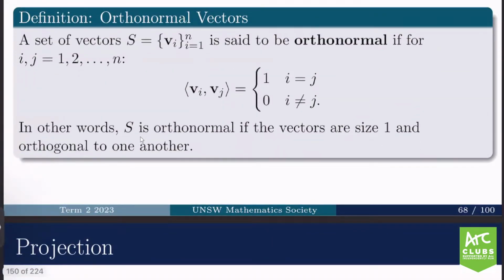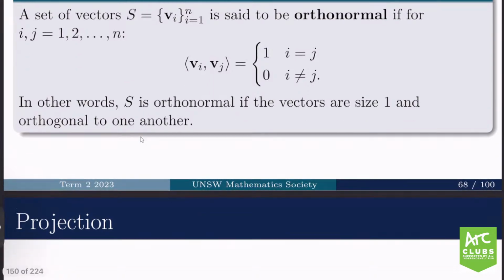Now, in terms of this definition, orthonormal, a set of vectors is orthonormal if each vector is mutually orthogonal, and their lengths are all 1. If you look at this here, this is saying that if I have the same vector vi, I'm going to get 1 out.